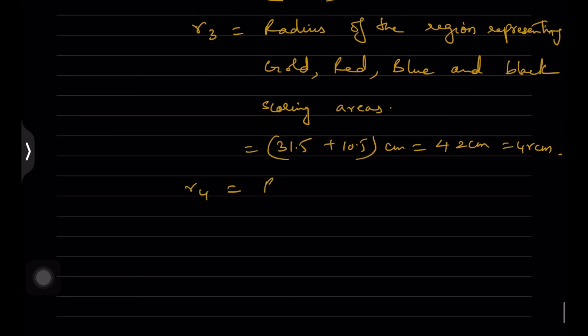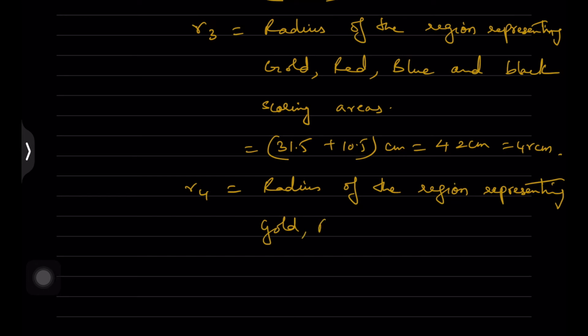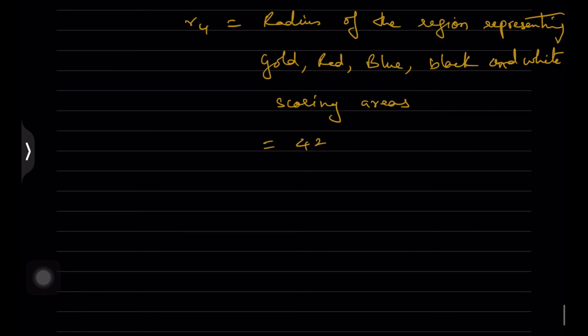The radius of the region representing gold, red, blue, black and white scoring areas is equal to 42 plus 10.5 centimeters, which is equal to 52.5 centimeters.